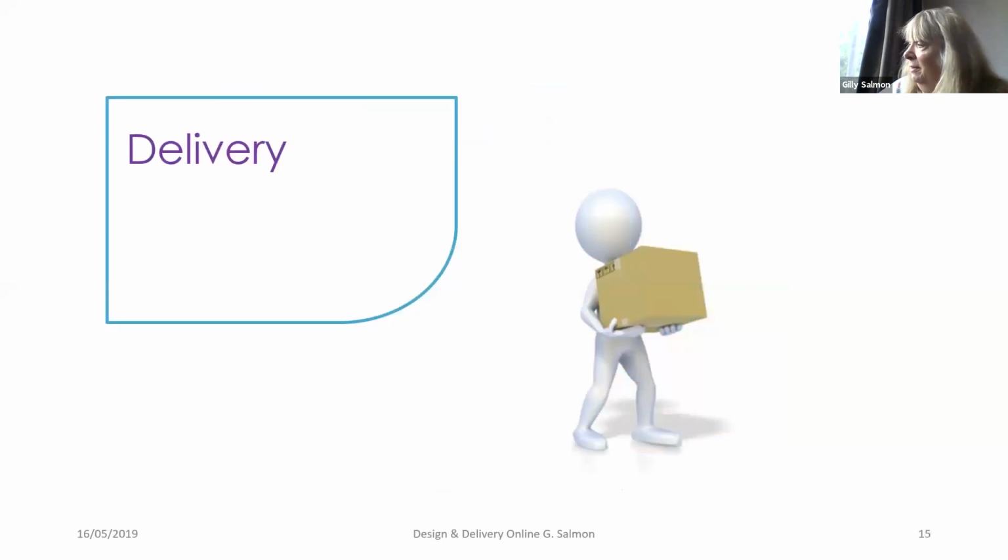I'm going to talk a little bit more about delivery now. Obviously, once you've done your design, you then build your course. But your work isn't over then. The good thing is that once you've built your course, it can be delivered many times, usually with only minor changes, and it can be scaled up.